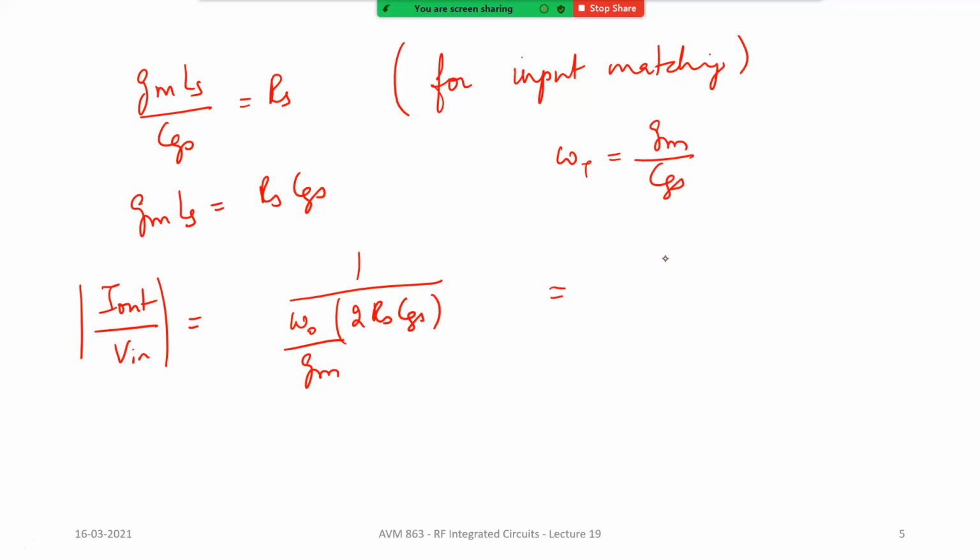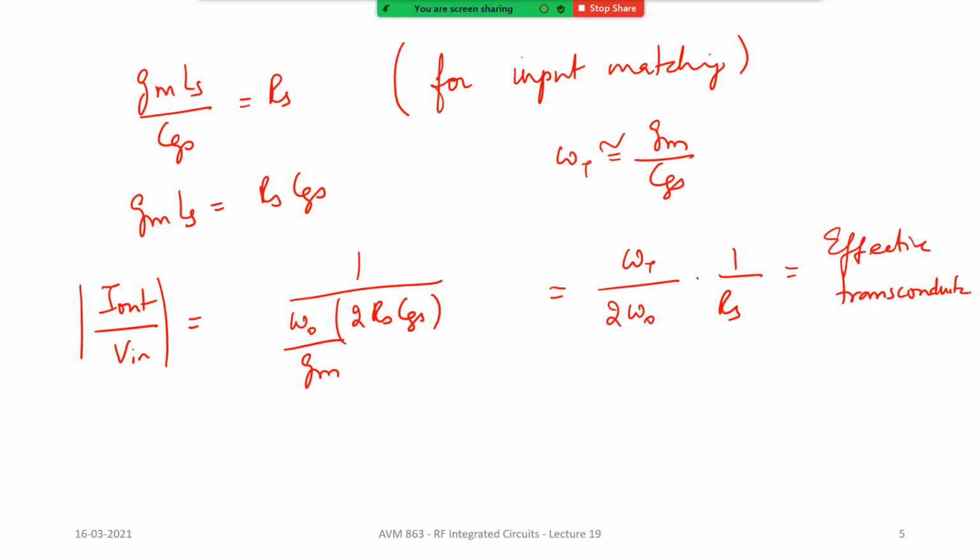So this can be rewritten approximately as omega t divided by 2 times omega naught into 1 by Rs. Now this is your effective transconductance of the common source LNA with the inductive degeneration.